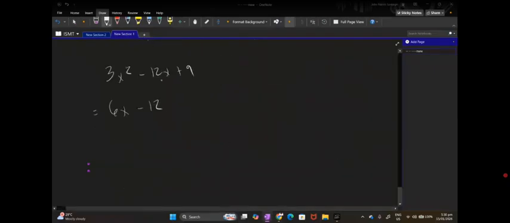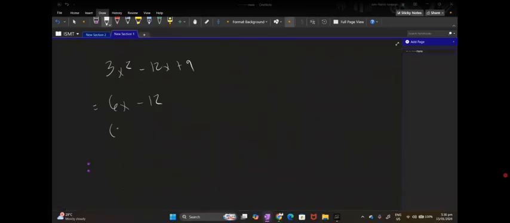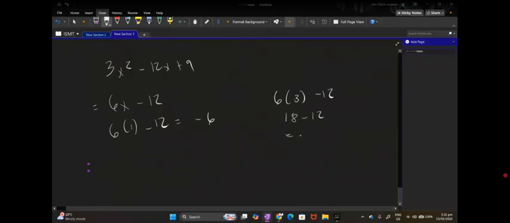So, 6 times 1 minus 12, it's negative 6. And we have 6 times 3 minus 12. 6 times 3 is 18 minus 12, it's 6 positive.